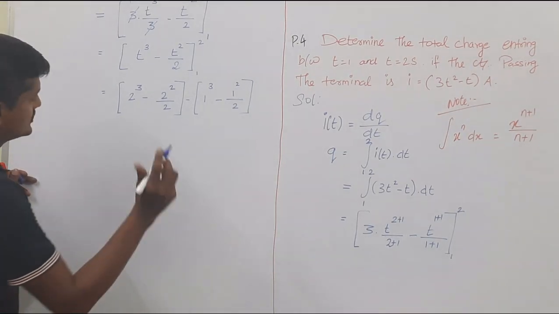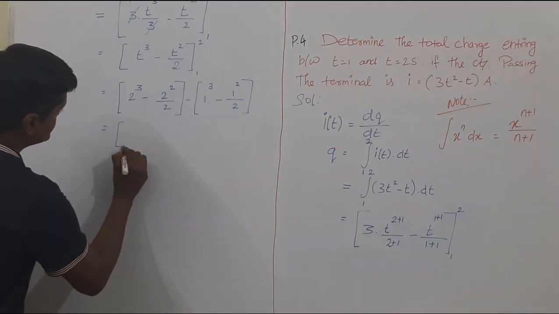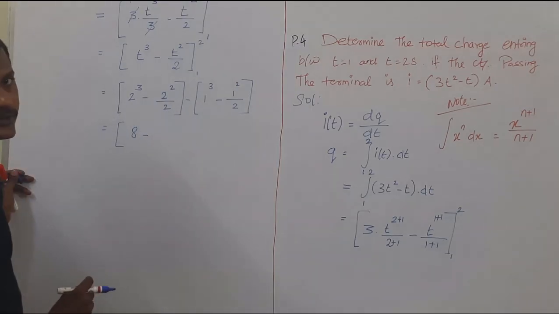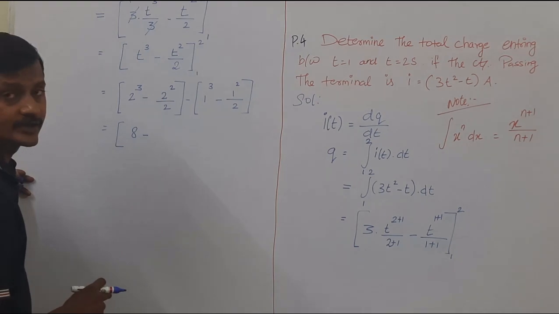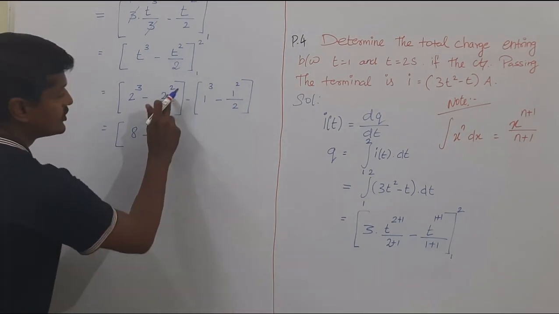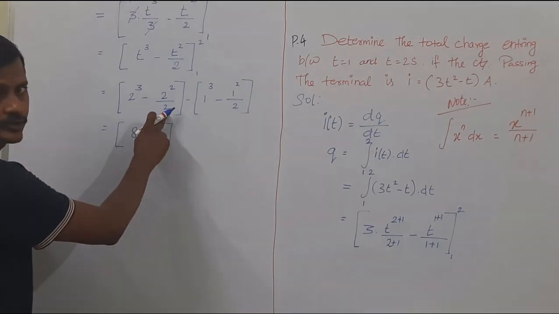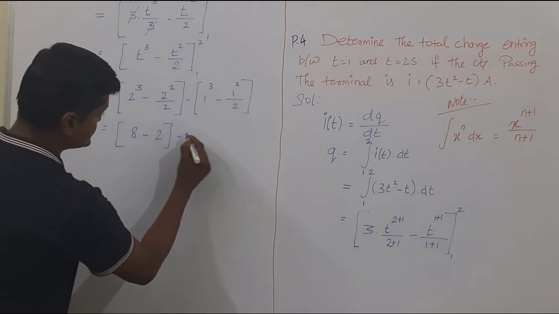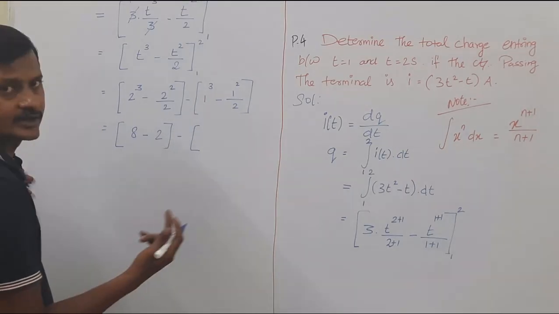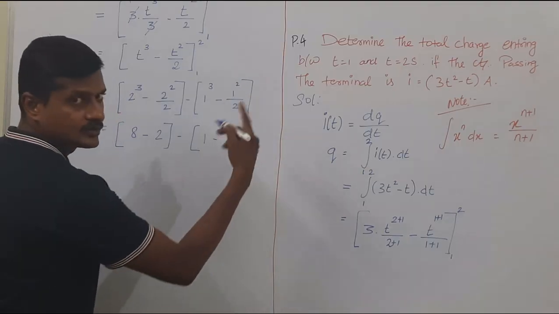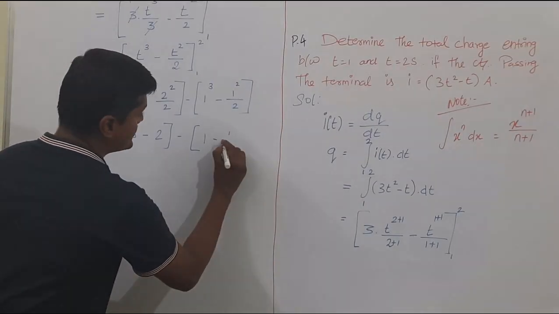So 2 power 3 is 8, minus 2 power 2 which is 4, 4 divided by 2 is 2. So 8 minus 2, minus 1 power 3 which is simply 1, minus 1 power 2 divided by 2.